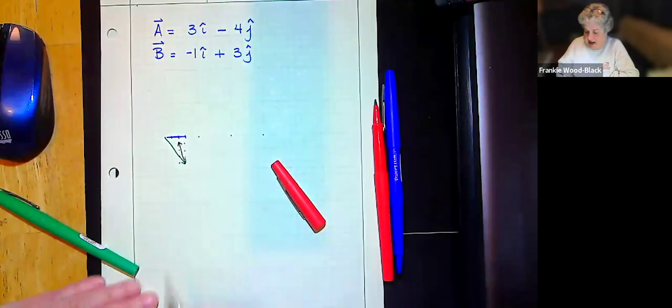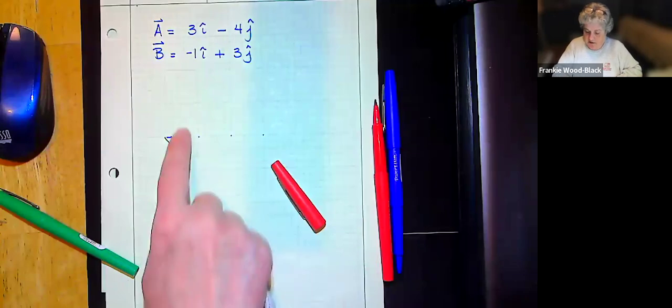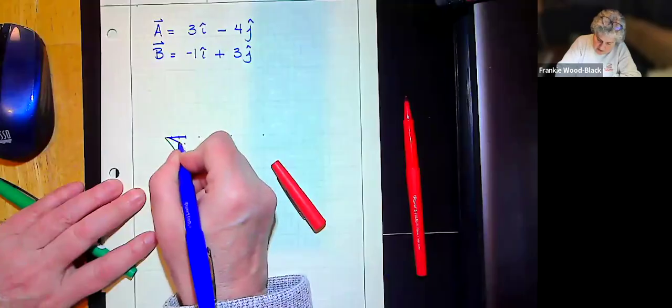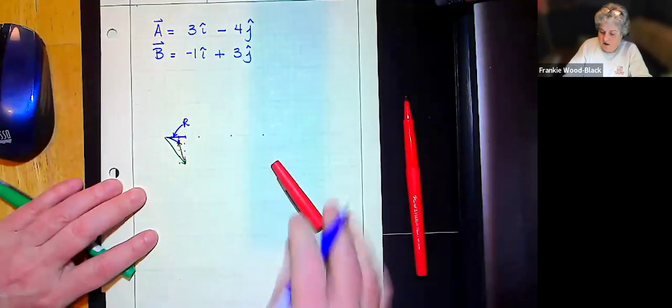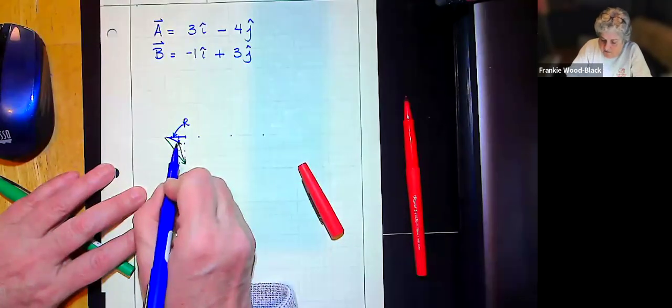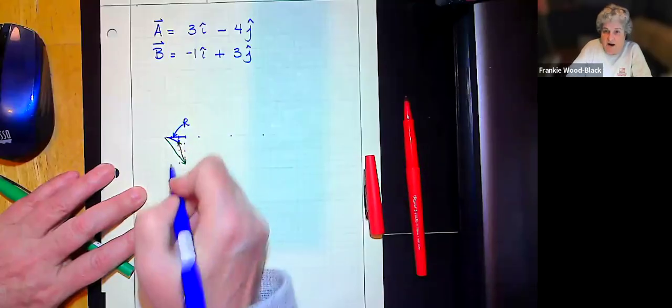So that's my vector B. And my resultant vector, I've got green, I've got blue. My resultant vector is going to be my blue vector. There's my resultant vector. This would be R. So R would be 2 and -1, because that's how I did it on my graph.